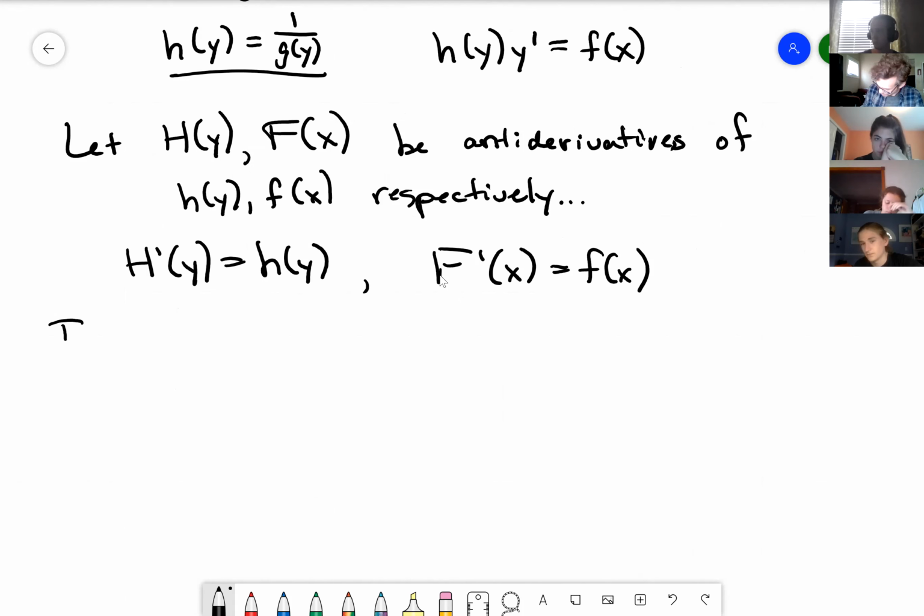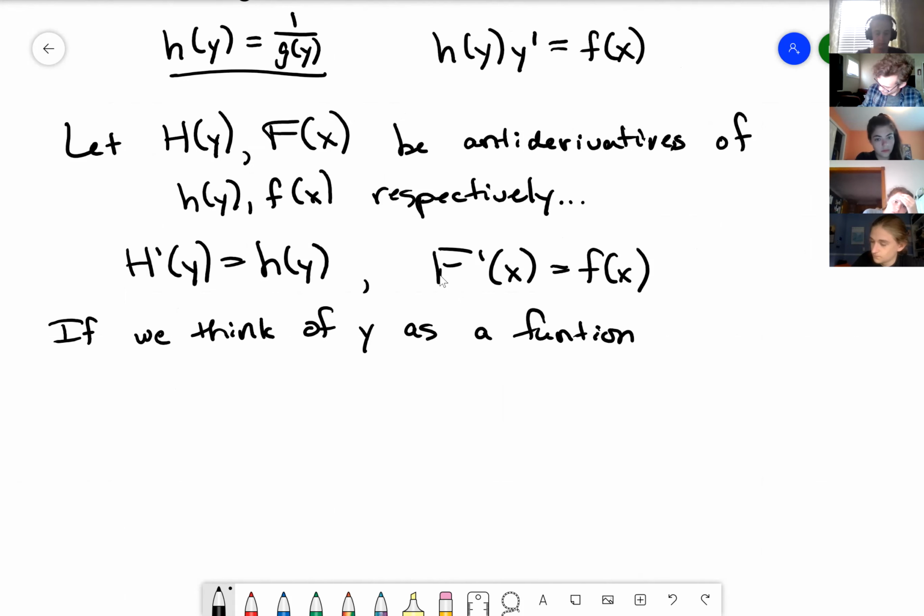Okay, if we now think of y as a function of x, so in other words, y of x, then if we take h of y of x and we take its derivative with respect to x.